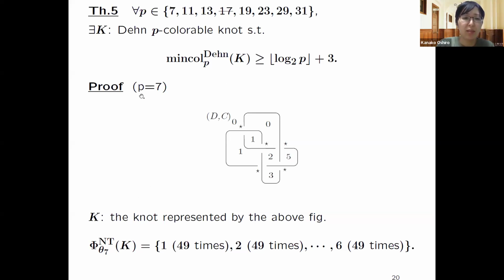So in the case P is equal to 7, this diagram, this knot satisfies this condition. So let's see. Let K be the knot represented by this diagram. And then by calculation, the cocycle invariant becomes like this. So this cocycle invariant doesn't include 0.